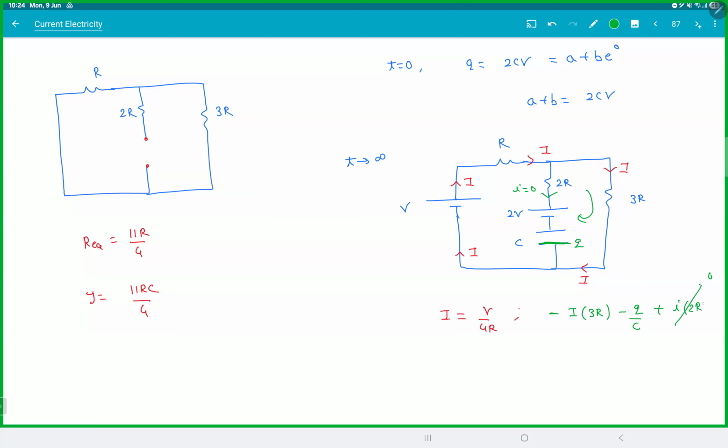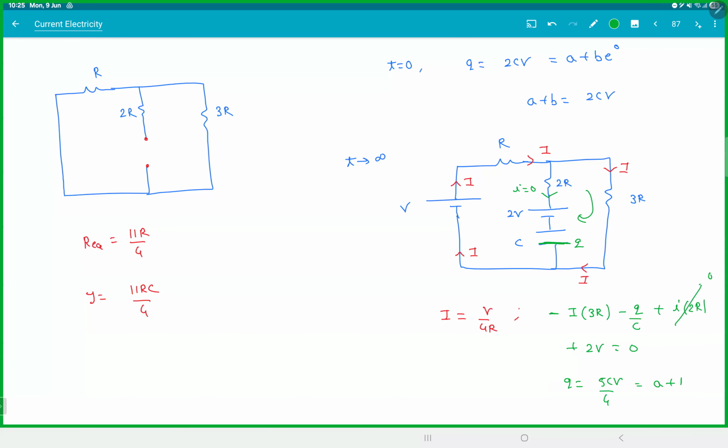You are also going through a battery, so plus 2V is equal to 0. So I into 3R, that will be 3V/4, plus 2V. 3V/4, 4 to 8, minus 5V/4. Q is equal to 5CV/4. That's your final charge. Got this?